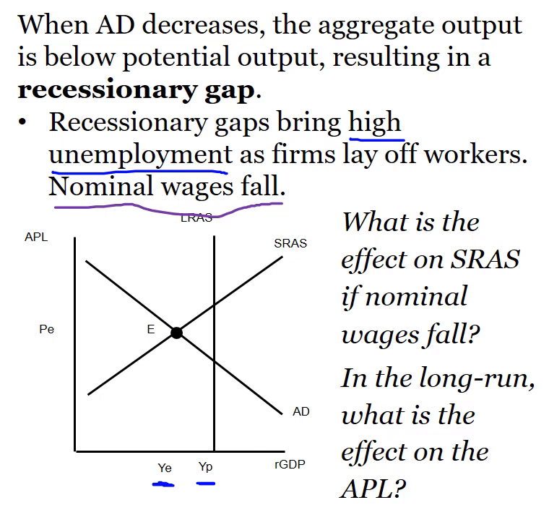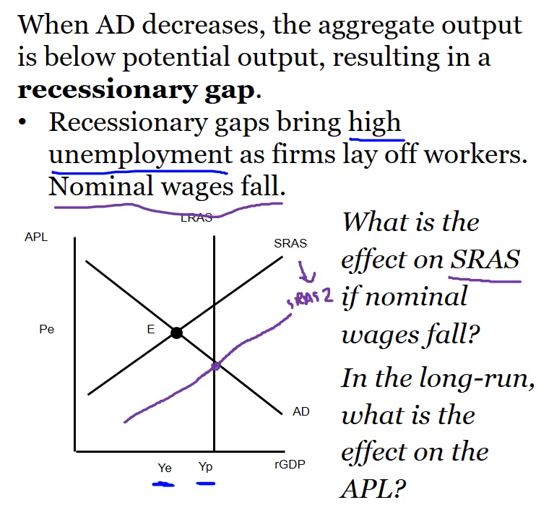That shifts SRAS. So the gap itself created the problem with high unemployment. High unemployment changes nominal wages. If nominal wages are down, what will happen to SRAS? It will shift to the right. So we're going to have SRAS2 with an arrow.